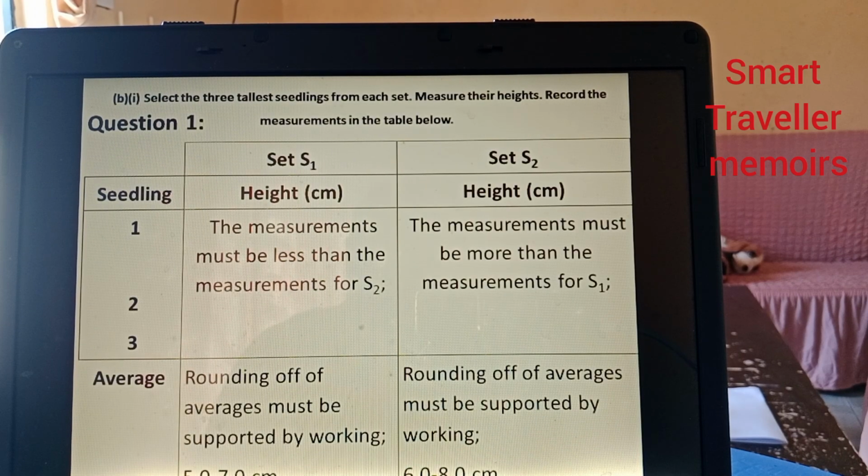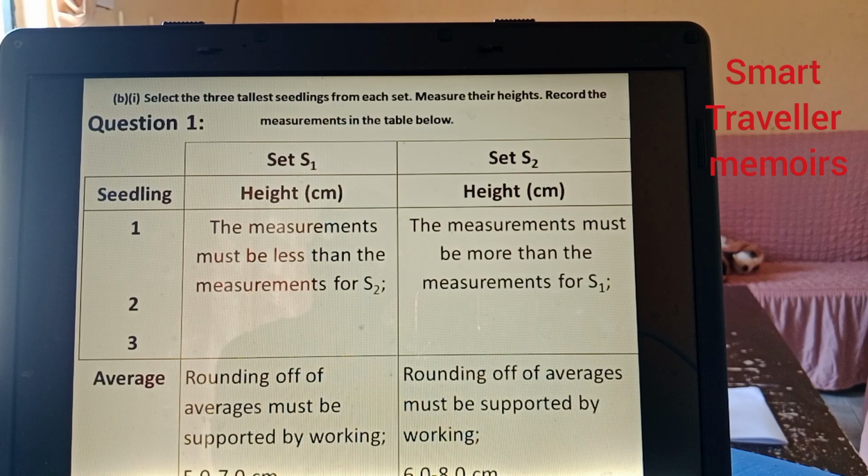Select the tallest seedlings from each set, measure their heights, and record the measurements in the table below. What we did here as examiners is that because the seeds were not of the same height, we had given allowances. For S1, the measurements must be less than the measurements of S2.